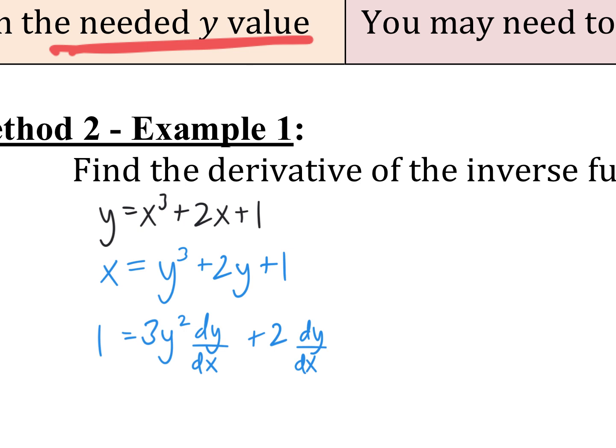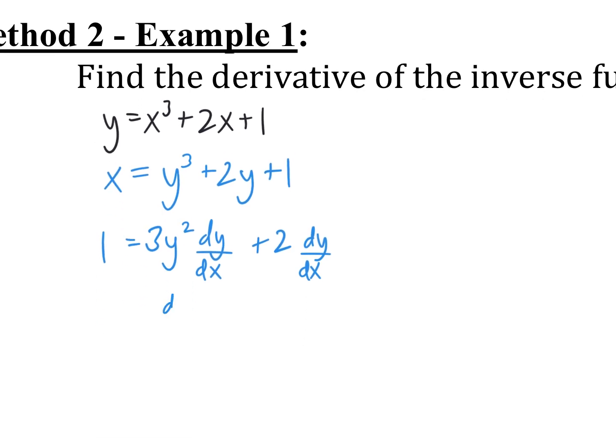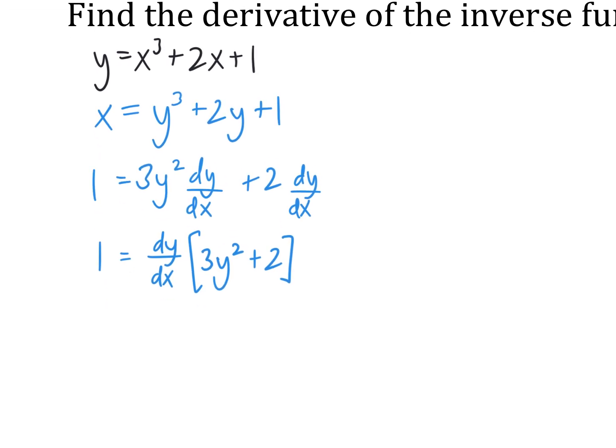Okay, now just like last class, we want to get the dy/dx by itself, so I'm going to factor out dy/dx to give me 3y squared plus 2, and that equals 1. So my derivative is equal to 1 divided by 3y squared plus 2.